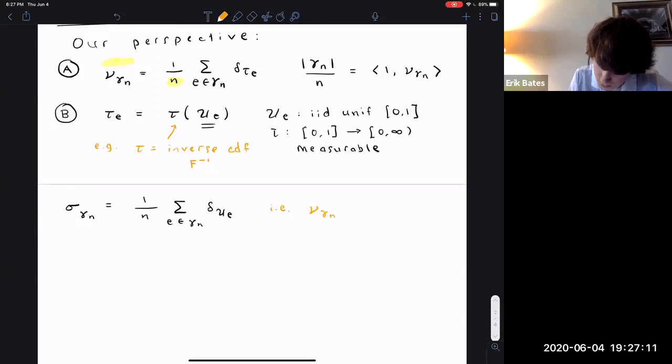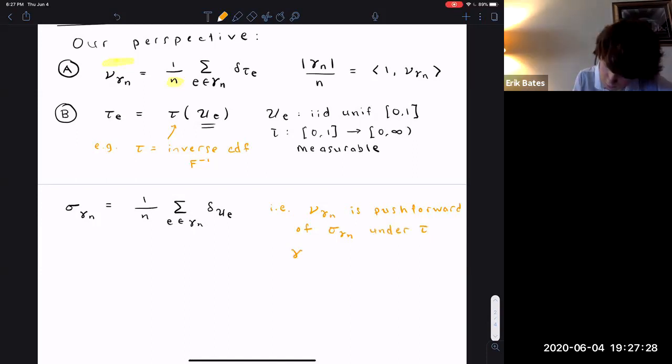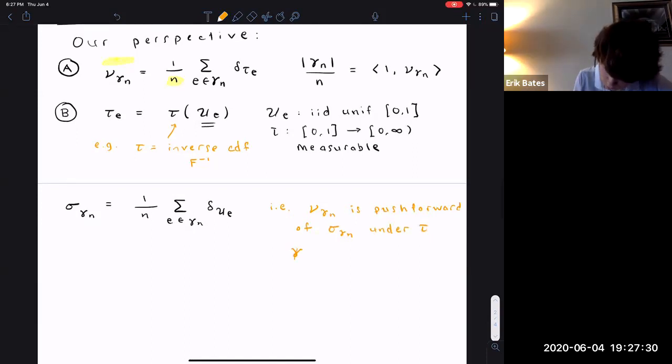So nu gamma n is the push forward of sigma gamma n under the map tau. I'll write this notation as nu gamma n is tau star sigma gamma n.